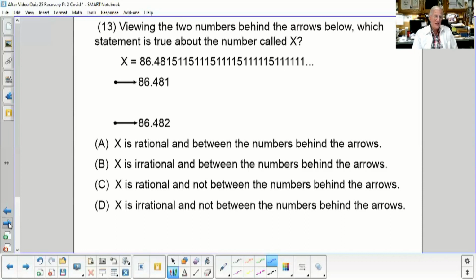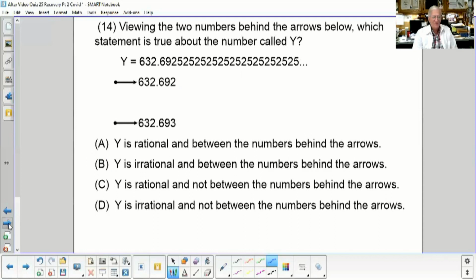I believe you can see that it is, because this would be 1, 0, this would be 2, 0, and here we have 1, 5. So it definitely would be between them. So this is an irrational number that is between the numbers behind the arrows, which is choice B. I give you these questions just to make you think a little bit.